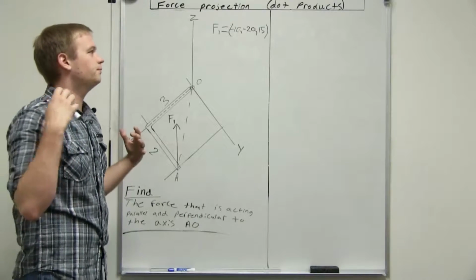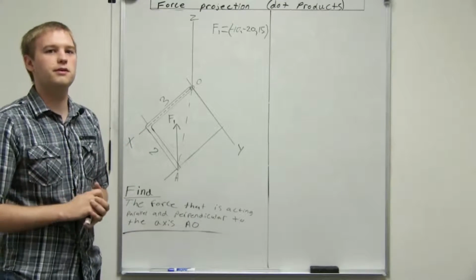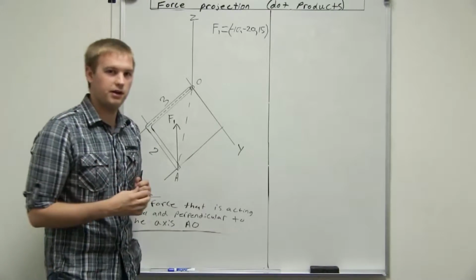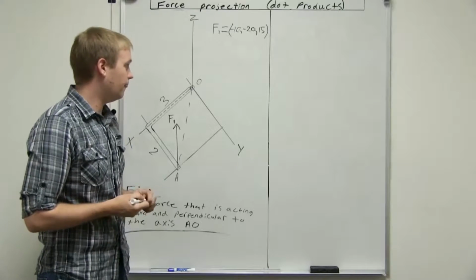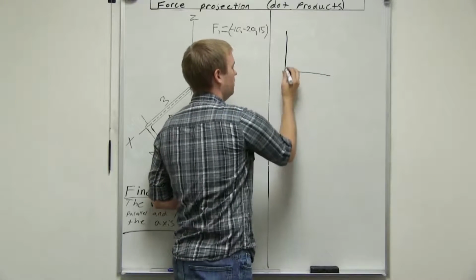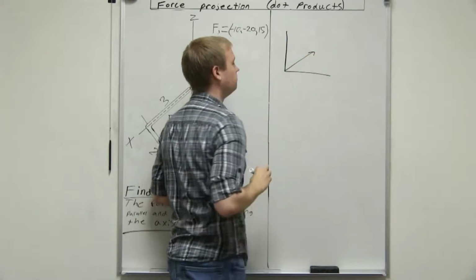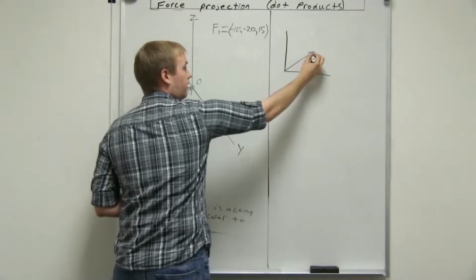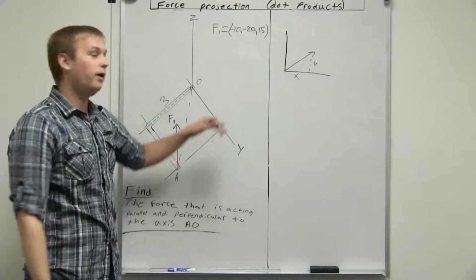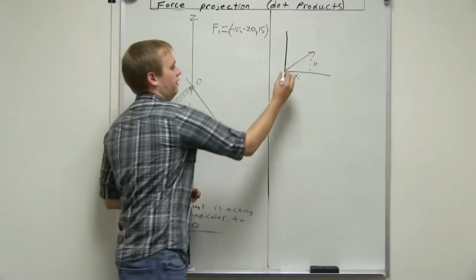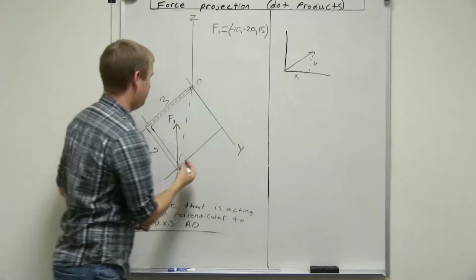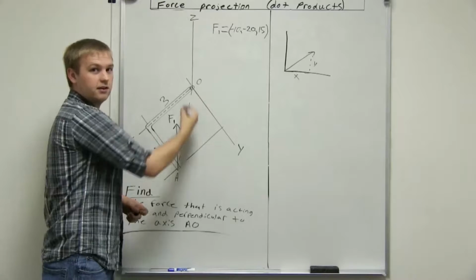This may seem a little different than what you're used to, but it's actually the exact same thing you've been doing, except in 3D. Before, you had something like this. We have a force, and we're trying to find the x and the y components of the force. Well, the x component is exactly the same as the component acting along the axis.